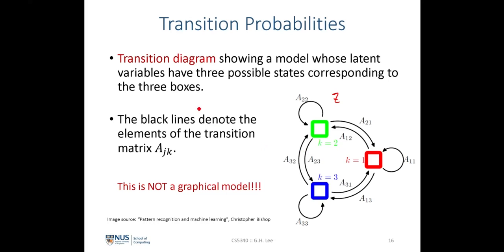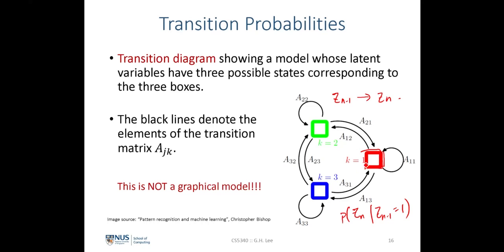Since this represents our state transition matrix, suppose that Zn minus 1 is at the state k equals 1. We look at the transition probability from this state to Zn, which is the probability of Zn conditioned upon Zn minus 1 equals 1.